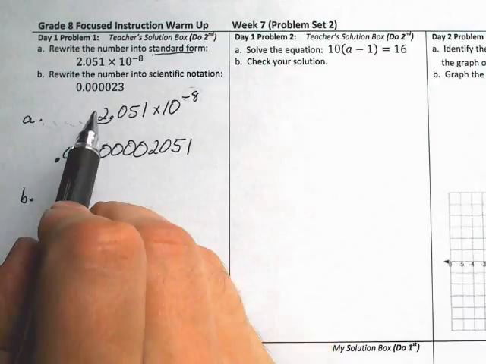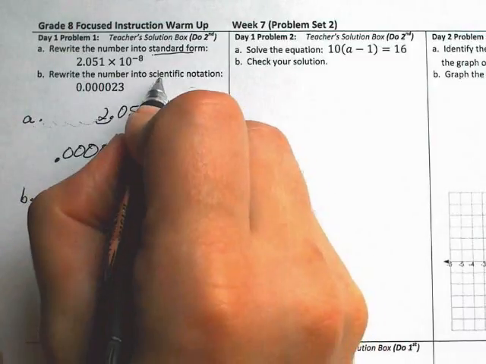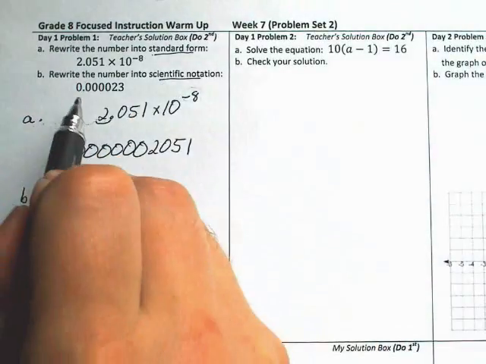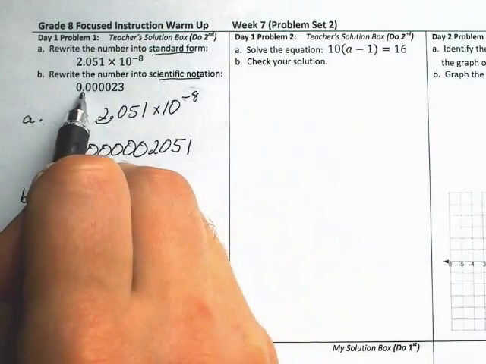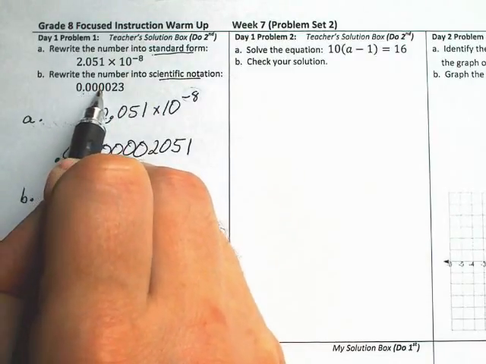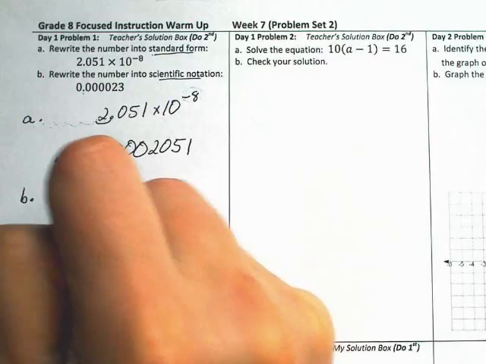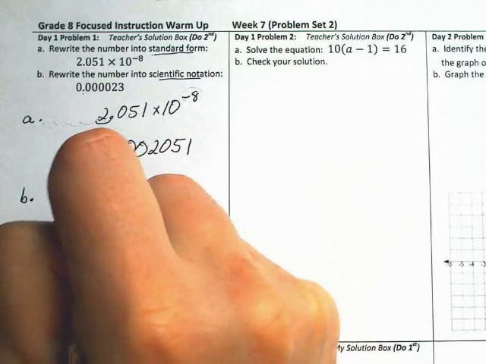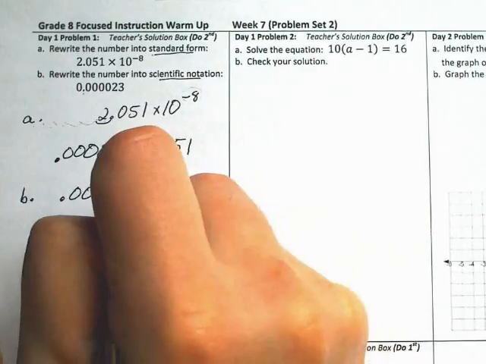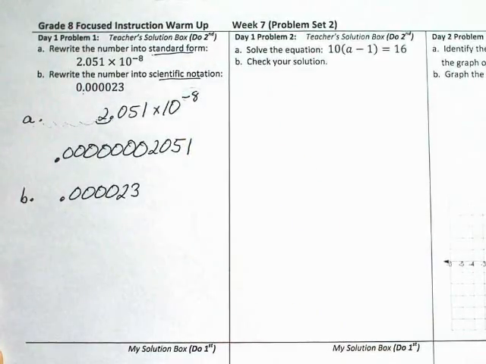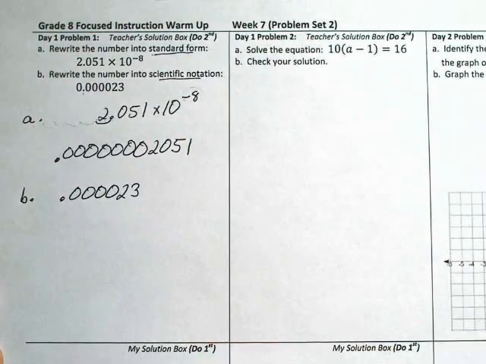Now part B. Rewrite the number into scientific notation, and the number is 0.000023. I'm going to start by writing that down. I want to write this in scientific notation.